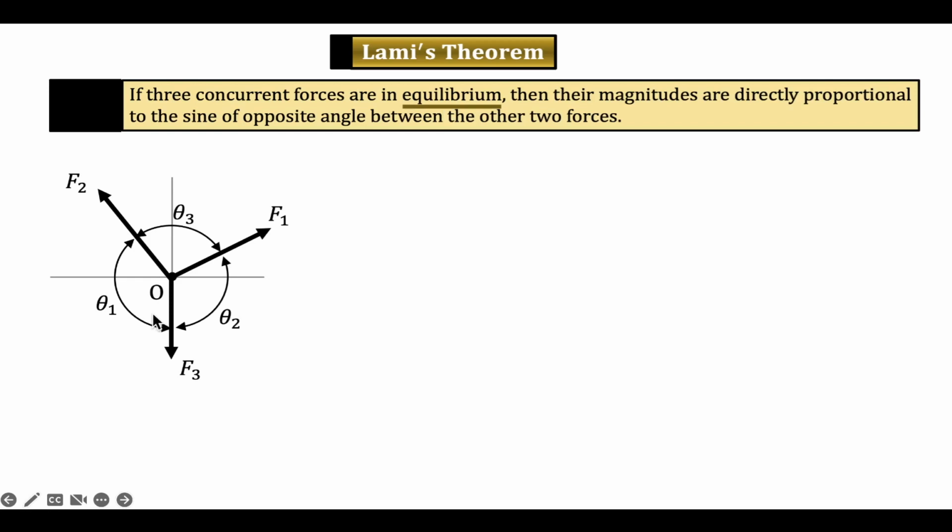So now I am giving you information. These three forces are in equilibrium. Can we use Lami's theorem? Yes. And what is it? F1 upon sine theta 1, that is, the magnitude of force F1 divided by the sine of the opposite angle between the other two forces, so the angle between F2 and F3, is equal to F2 upon sine theta 2, F2 divided by the sine of the opposite angle between the other two forces, which is equal to F3 divided by sine theta 3.